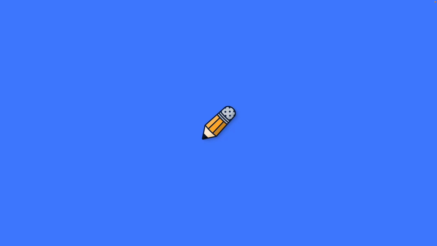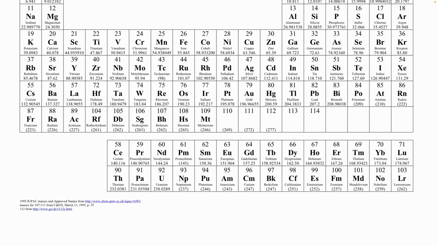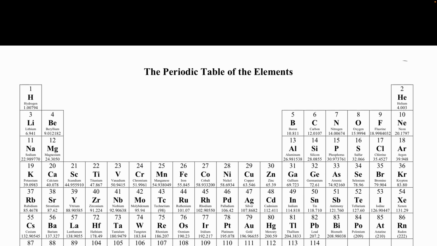So we're going to look at our periodic table here. Again, chlorine is one of a few elements that are called diatomic elements.